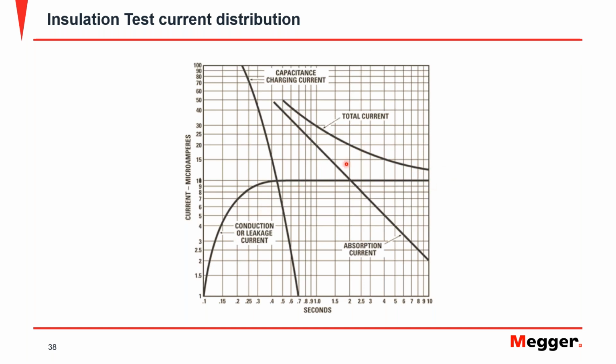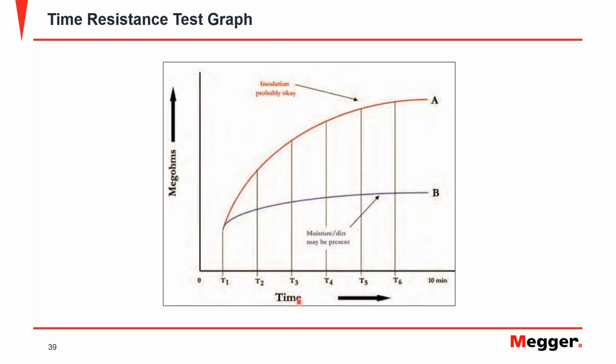And the difference is going to be the absorption current, since the capacitor has already charged after, let's say, 0.7 seconds. This is just a typical example. It doesn't apply for every motor or insulation system out there. But the point is that if your current recovers, it means that you have a healthy insulation system.